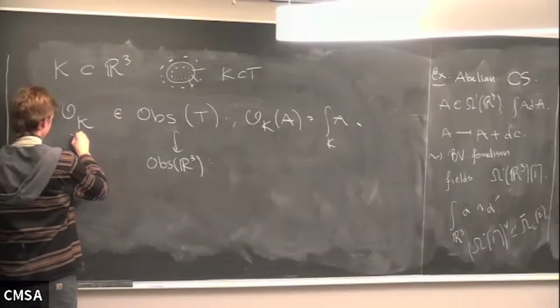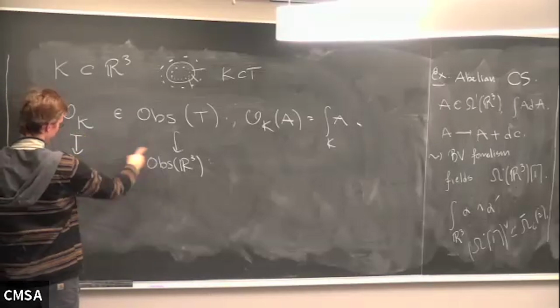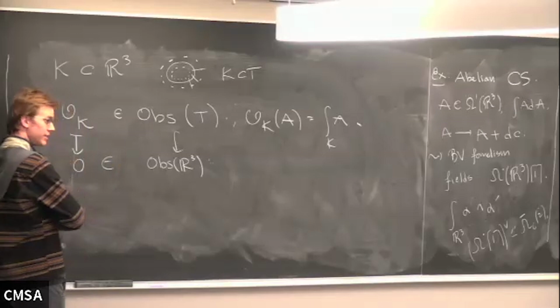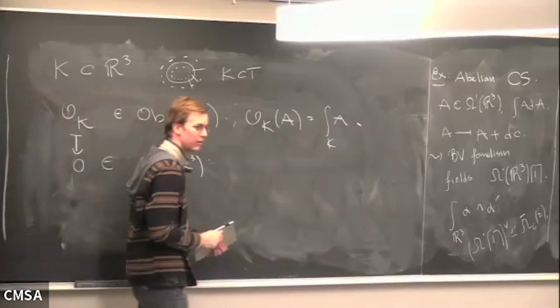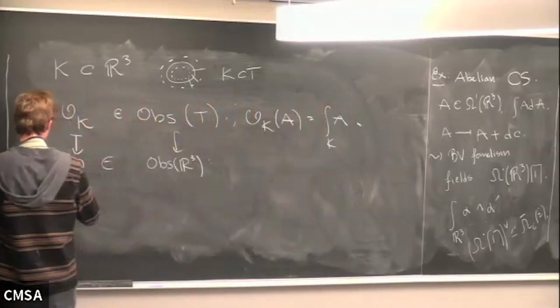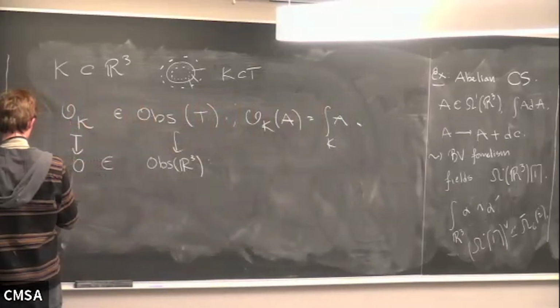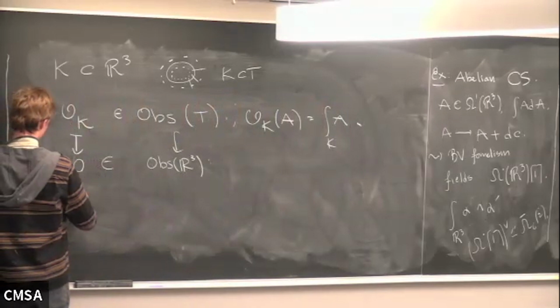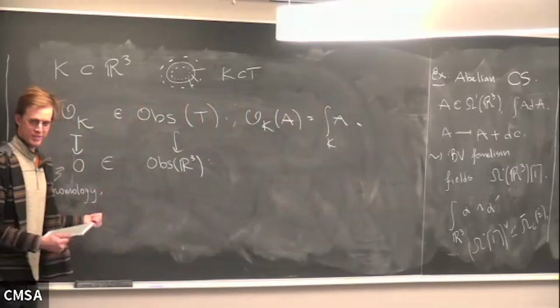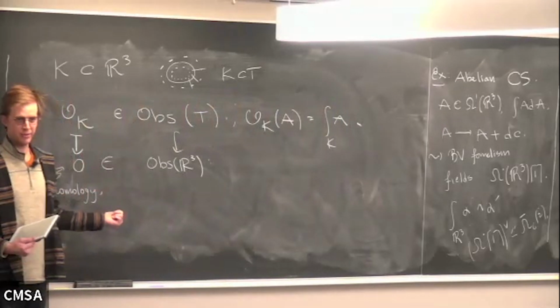And I claim that in cohomology, at least, this observable simply goes to 0. So this is a statement in cohomology. This is just secretly the statement of Poincare duality on R3.